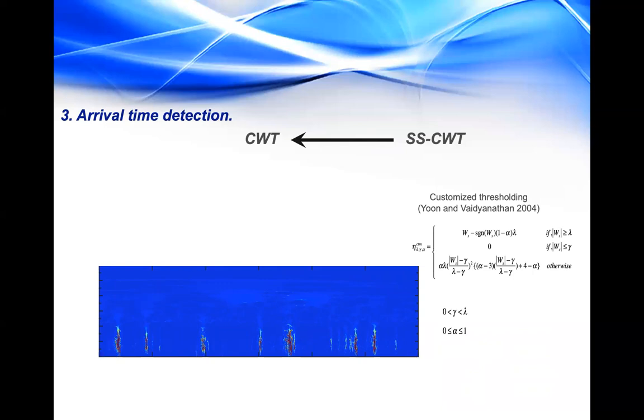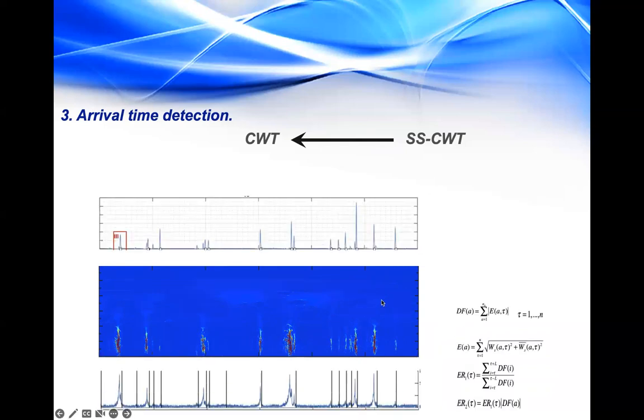In this step, we also detect macro earthquake events using this characteristic function that basically sums the envelopes of wavelet coefficients, which are actually cross-correlation coefficients.